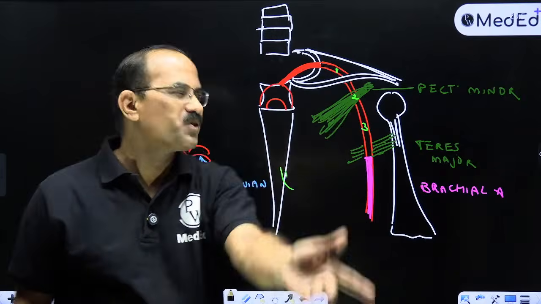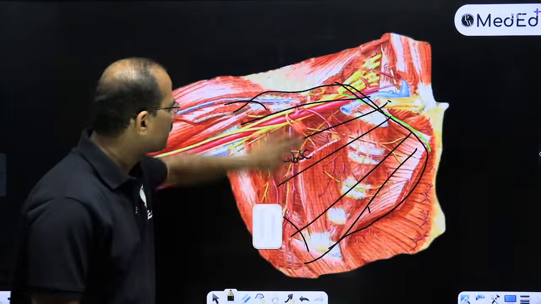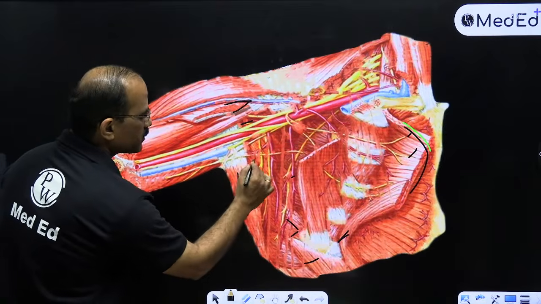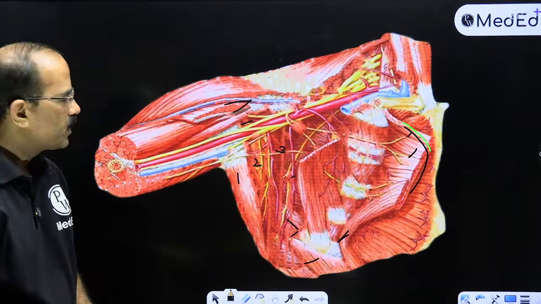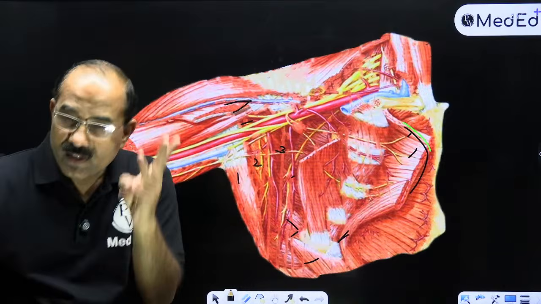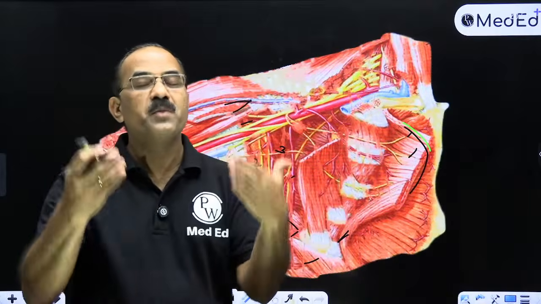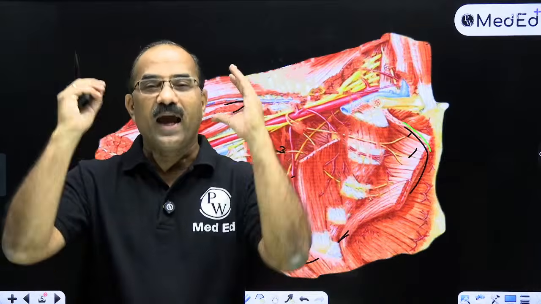Which muscles? These muscles. This is number 1, this is number 2, this is number 3. So 1, 2, 3, ये जो 3 muscles है ना, they are forming the posterior wall of axilla. These 3 muscles are going to form the posterior relations of the axillary artery.